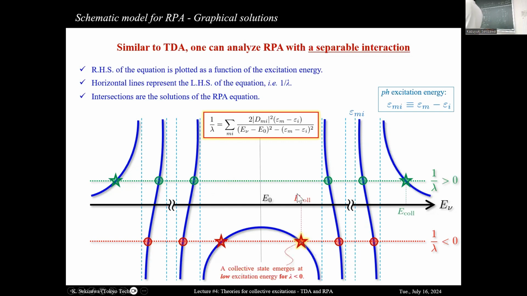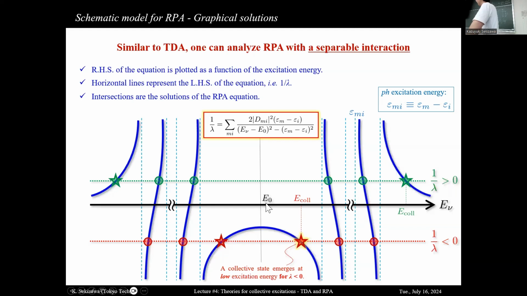Then the point is, for instance, for the positive, repulsive interaction, in addition to those states close to the particle-hole excitation energies, you have some collective states with higher excitation. This is similar to the Tamm-Dancoff approximation.